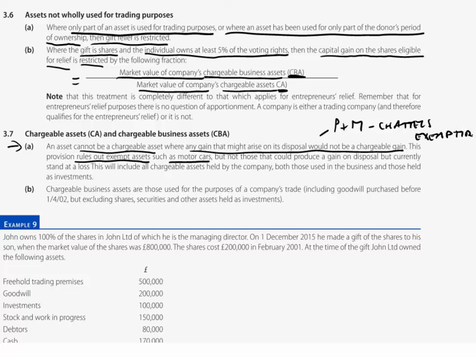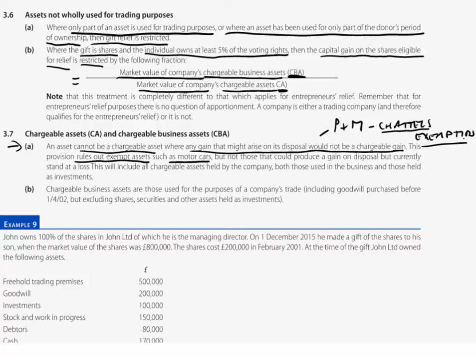If the plant and machinery is tangible movable property, that was a chattel, and it would be exempt if both bought and now valued at less than £6,000. Any individual items of movable plant and machinery that we bought for less than £6,000 and that are valued at less than £6,000 are covered by the chattel exemption.